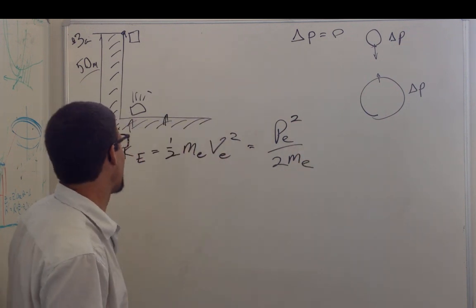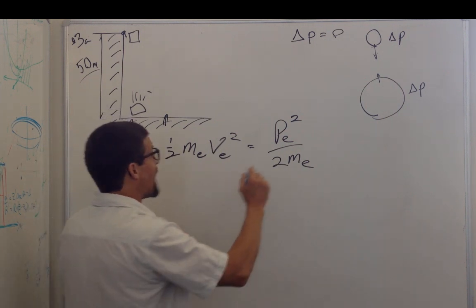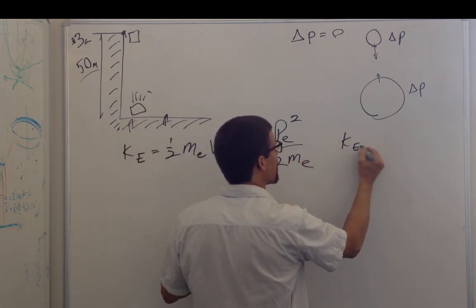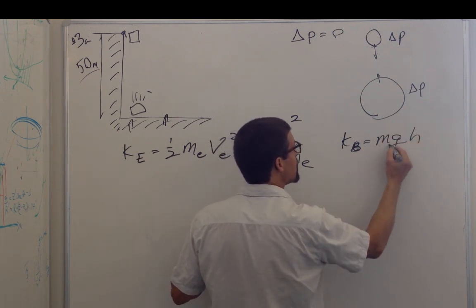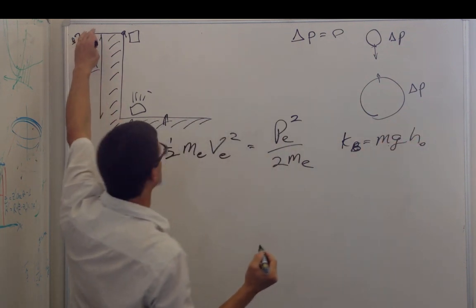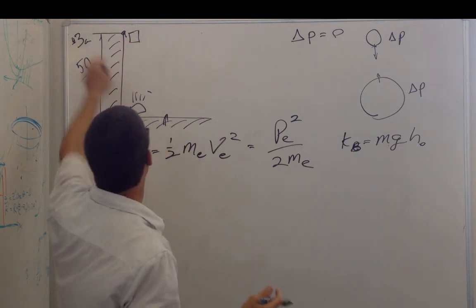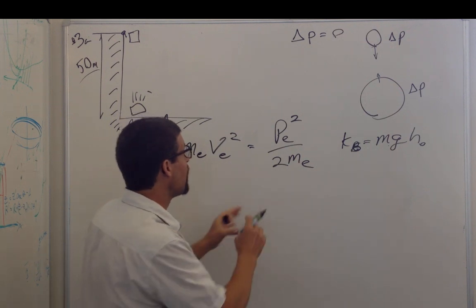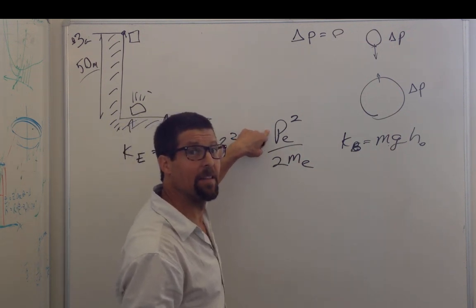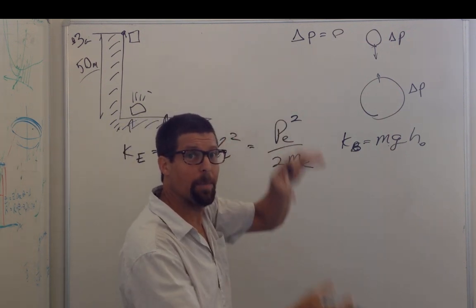And the reason I like that is because I already have the kinetic energy for the box. That's just equal to mgh, where this is the initial height of the box, because all that potential energy of the box turned into kinetic energy. And I know that the box and the Earth must have equal and opposite momentum.